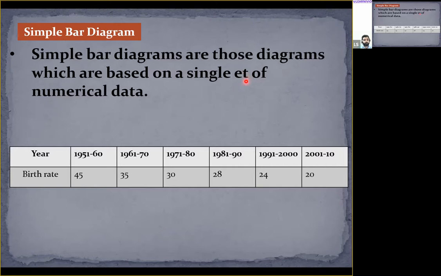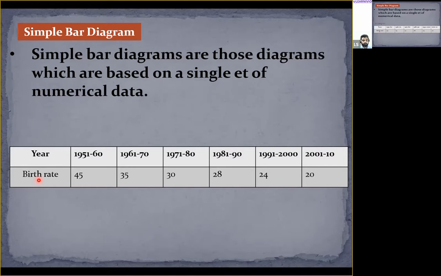That means there is only one information that is required to be presented on the diagram. Like in this example, we have different years, and in different years we are just considering the birth rate. So over the period of time, only birth rate has been measured. So birth rate is the set, and for this information we will be preparing the simple bar diagram.